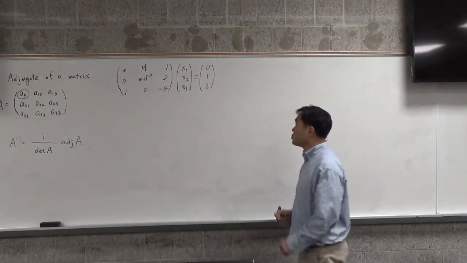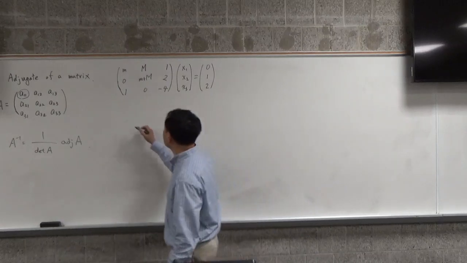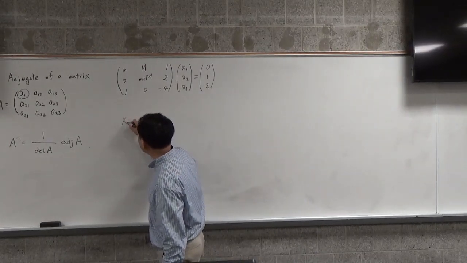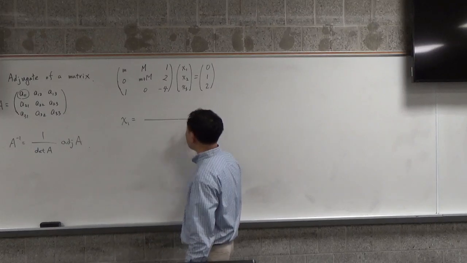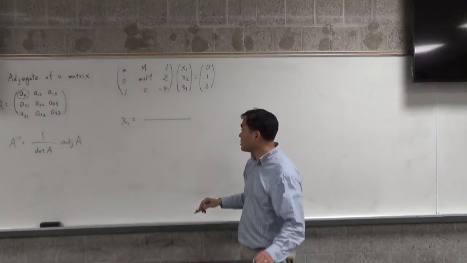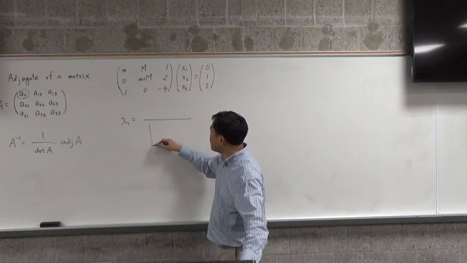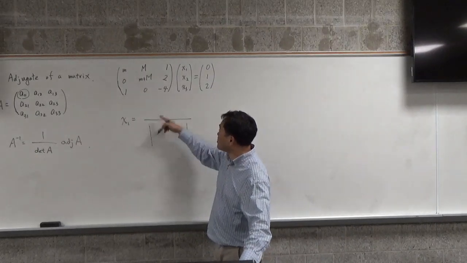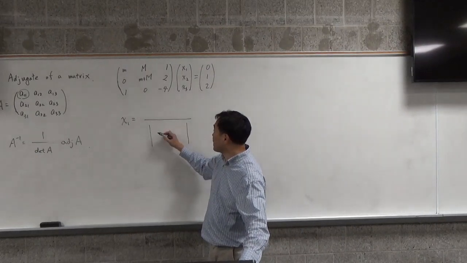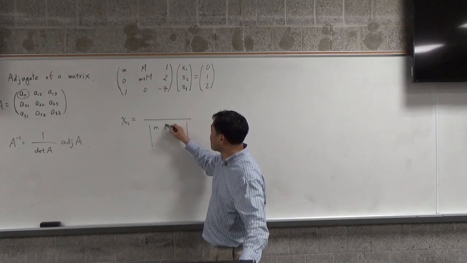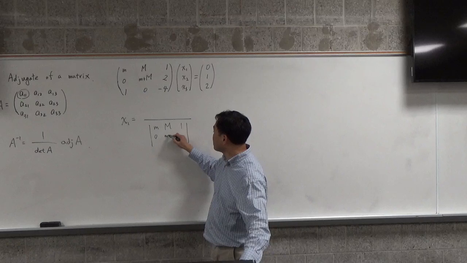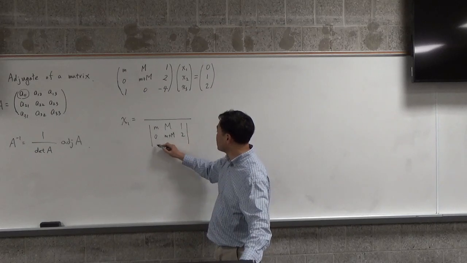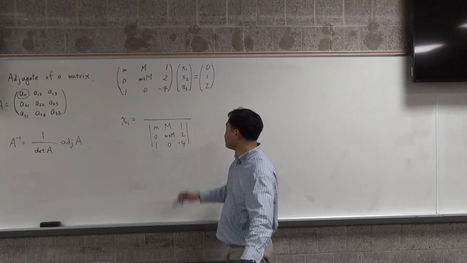So that's the equation that we have to solve. Let me write down the solution in terms of Cramer's rule. Cramer's rule says the solution x1 can be written as a ratio of two determinants, where the determinant in the bottom is always the same. It's the determinant of the given matrix: m, capital M, 1, 0, m plus M, 2, 1, 0, negative 4.